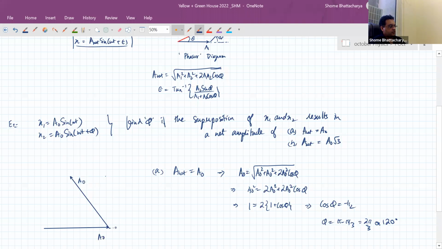Your phasor triangle will become an equilateral triangle in this case. Okay, very simple. So similarly, just work out this next one also.